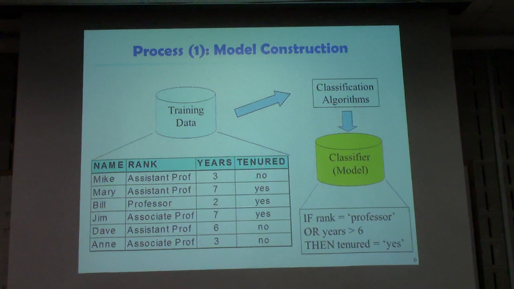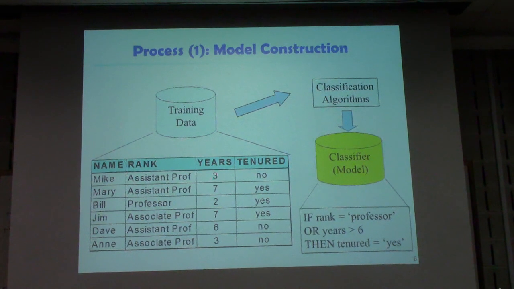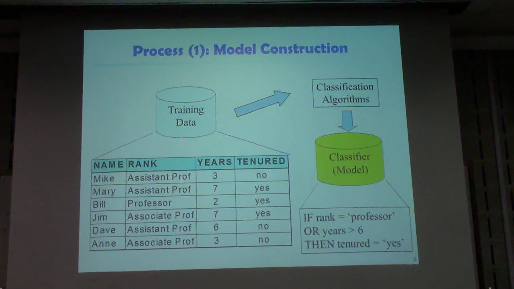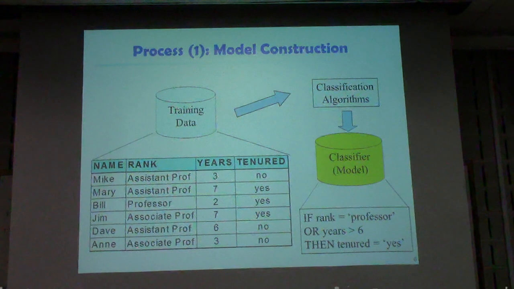For example, Mike is an assistant professor for 3 years and not tenured yet. Another is an associate professor for 3 years, not tenured yet, but Jim, associate professor for 7 years, is tenured. Using this, we can train. We don't know how to train yet, we will see later. But after training, we have the classifier, or the model, or rules.